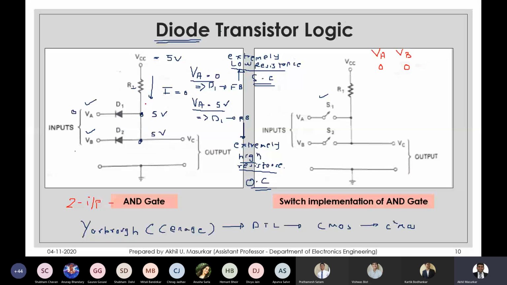Before I go ahead, I want you all to copy these two circuits. Once you are done, then we will go for the further explanation. I want this to be there in your notebook. Today there will be a lot of circuits, so please draw those circuits. I will wait for you till you draw it.